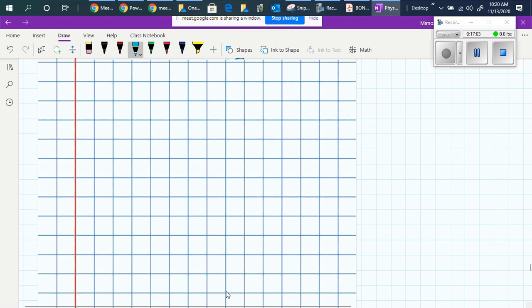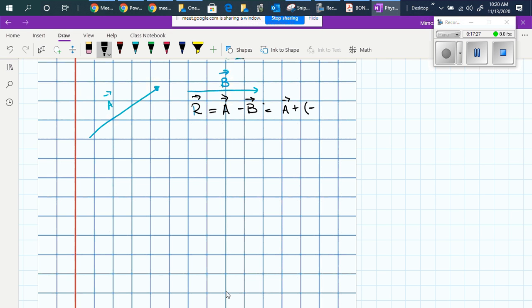Okay, so now if we have, let's say, vector A as this one here, and vector B as this one here, and what we are finding is actually A minus B, we will use the same logic. When we are subtracting two vectors, we are adding the opposite vector. So how do we do this in terms of the parallelogram method?